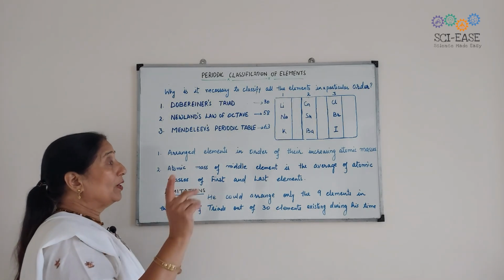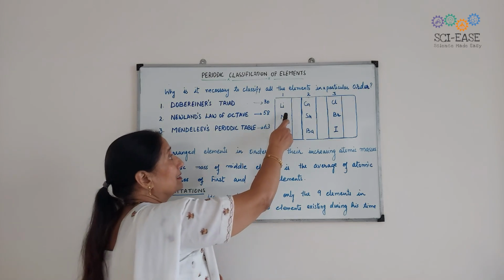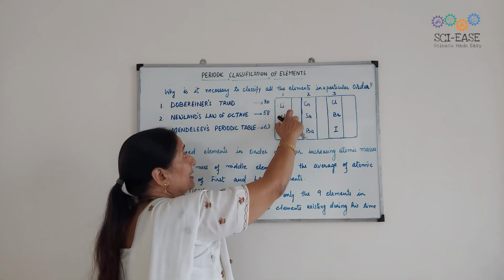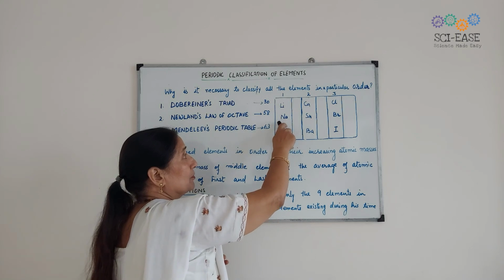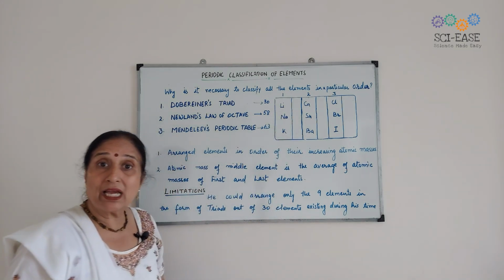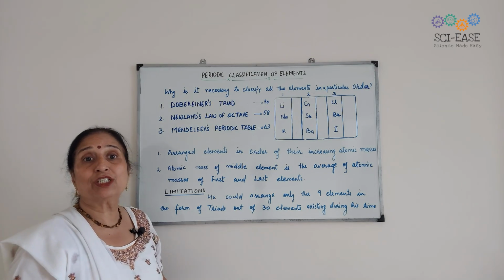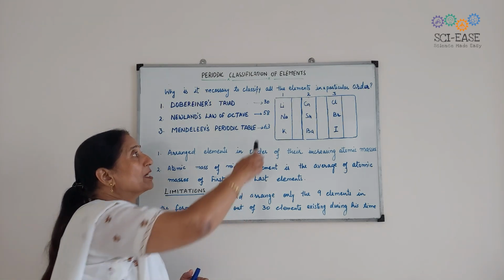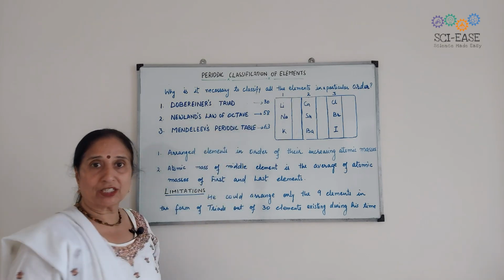So what he said is that for the first triad, the atomic mass of sodium is equal to the average of the atomic masses of lithium and potassium.